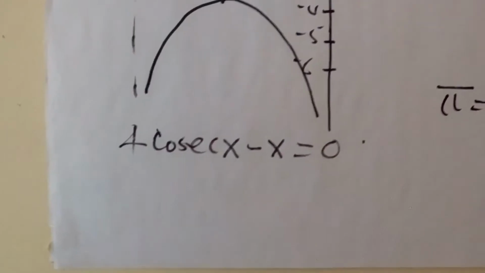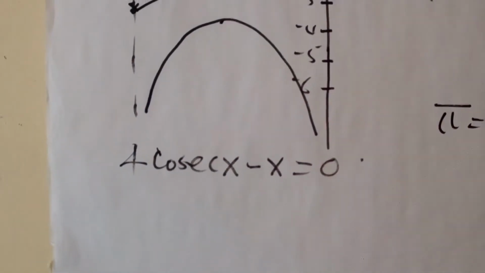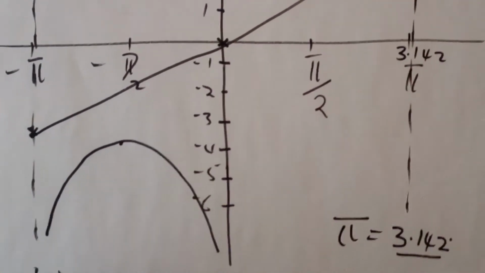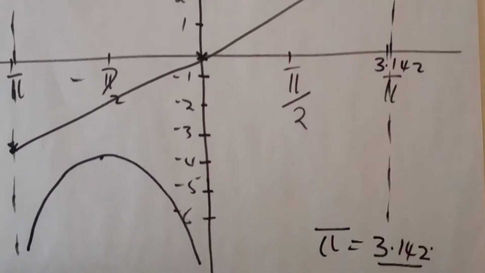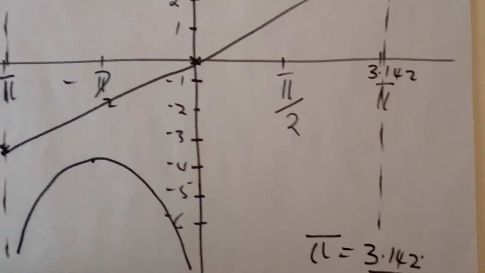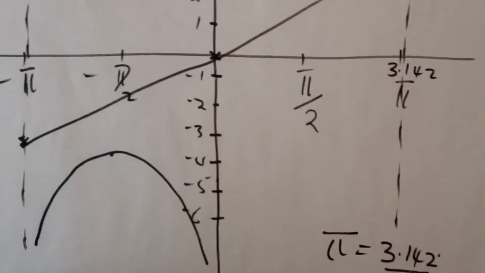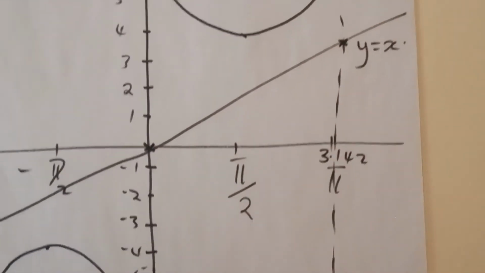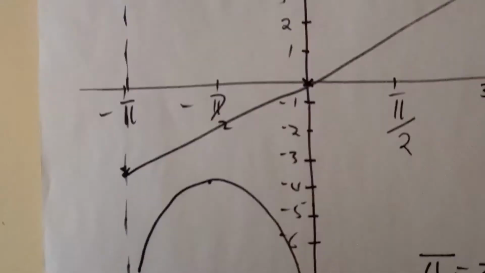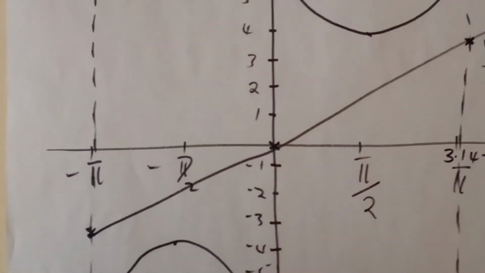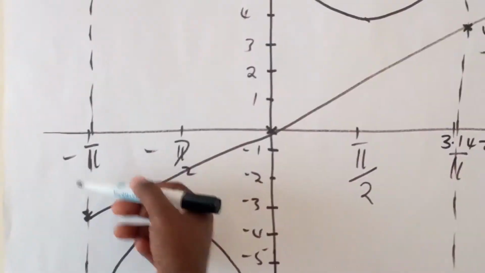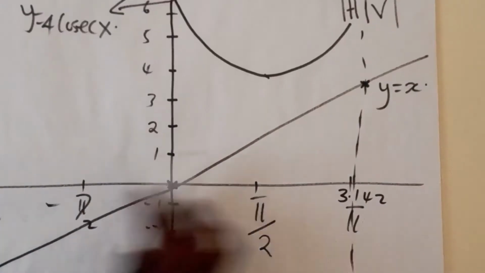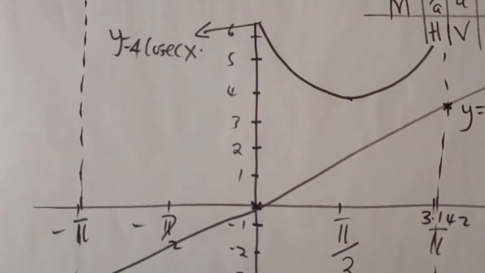The two graphs are supposed to be intersecting. But according to the nature of our graphs, we realize that y is equals to 4 cosec x and y is equals to x do not intersect, within the range of negative pi all the way to positive pi.